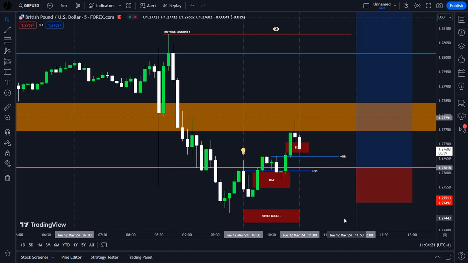Seems like we're going to fill the whole gap. Yeah, but this is the crossing of the silver bullet, so we can expect such.